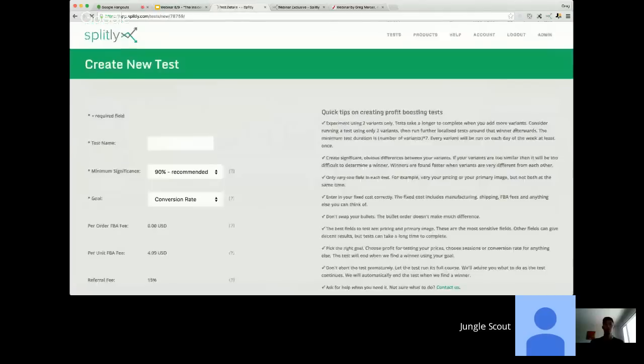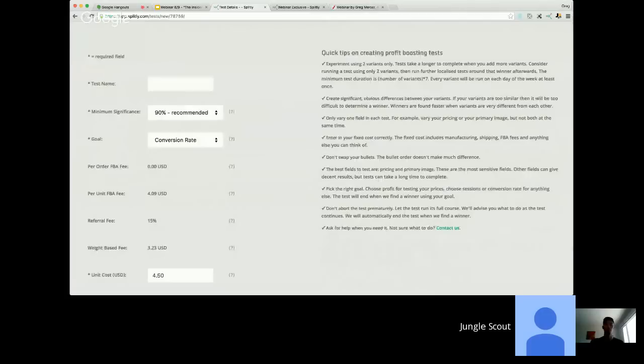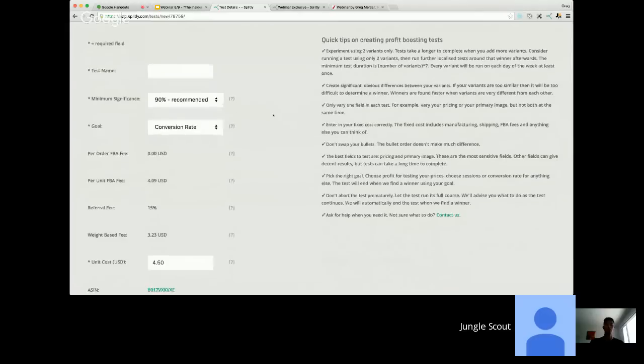To create a test, it's very simple. You just click Create Test. Here you're going to fill out the name. If you don't have a good idea about statistical significance or what have you, we'd recommend just leaving this at 90%. This would be like you're 90% confident that the changes you made are what resulted in your goal.